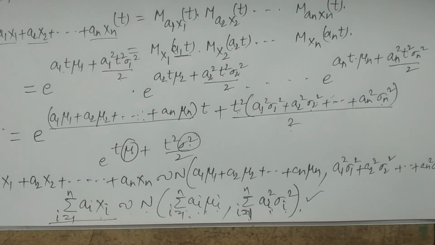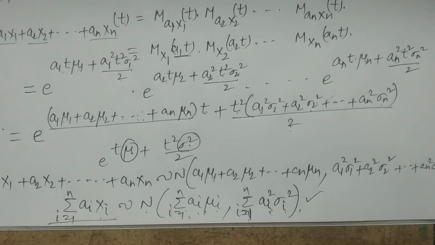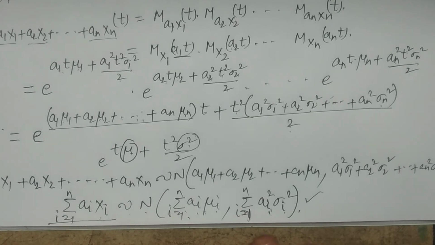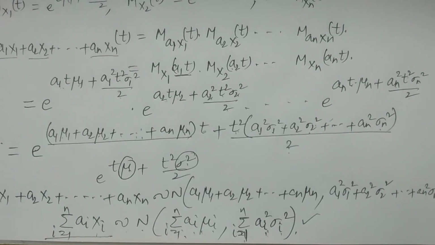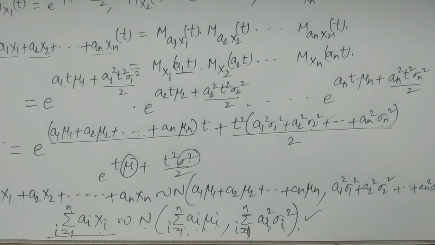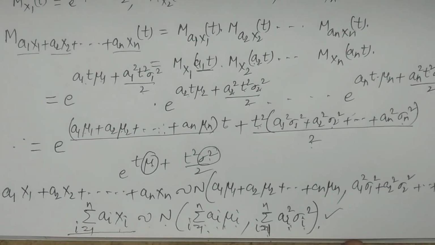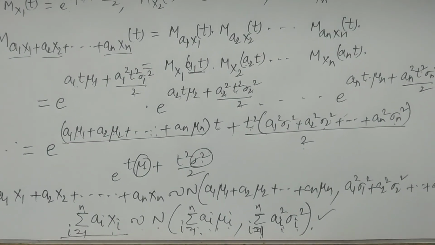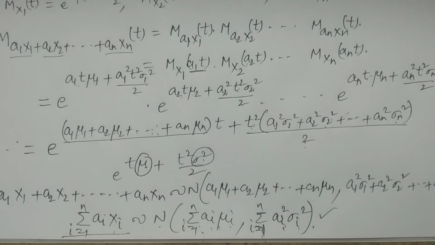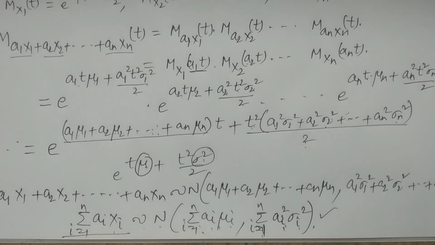Whatever you want, you can easily obtain from this linear combination of normal variates, and then we can have the distribution directly. This is a very important use of the linear combination property of the normal distribution. Just substitute a1 equal to 1, a2 equal to minus 1, and the remaining ai's zero, and you get the distribution of x1 minus x2.